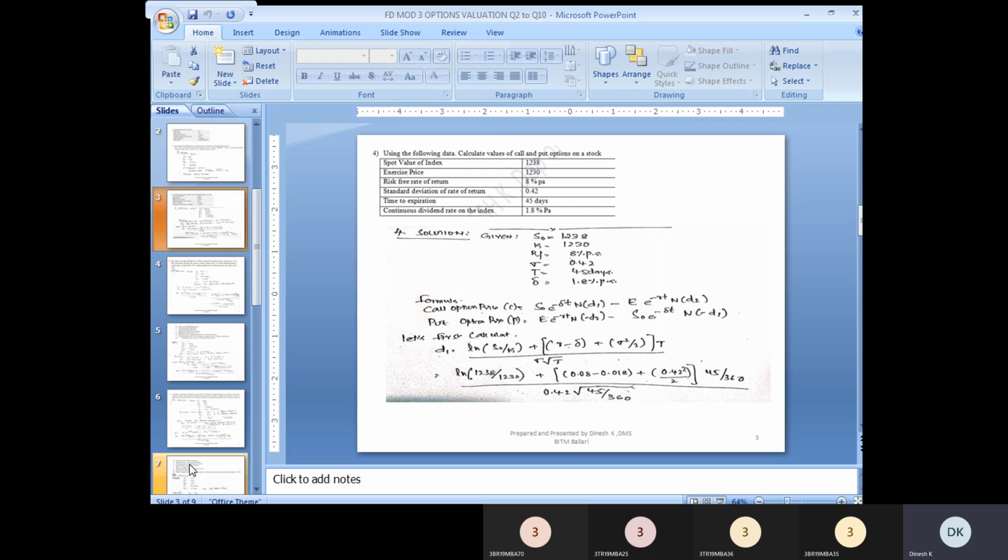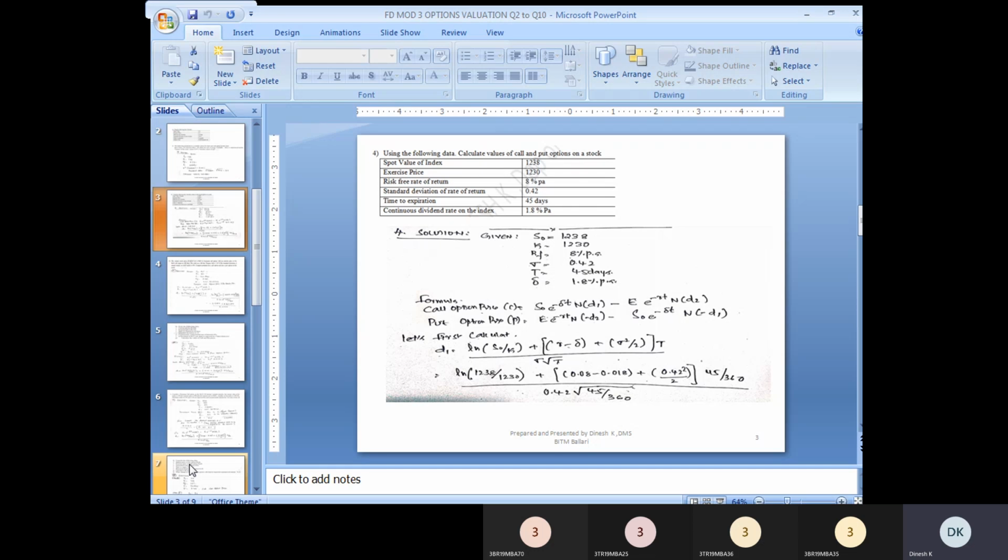I will just read once again. Call price C equals 1238, that is the spot price, multiplied by exponential to the power of minus delta T. So the delta value is 0.018 multiplied by 45 divided by 360, that is 45 days to expiry divided by 360.